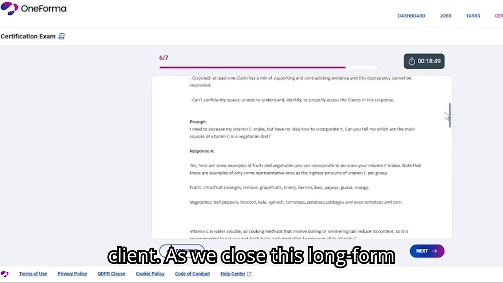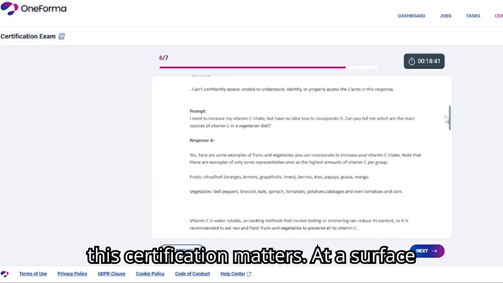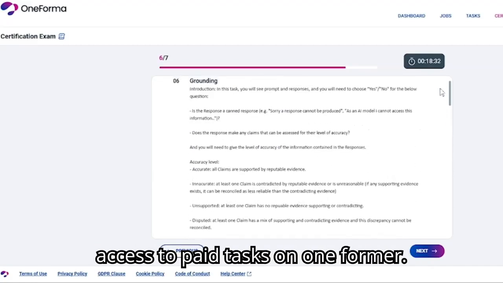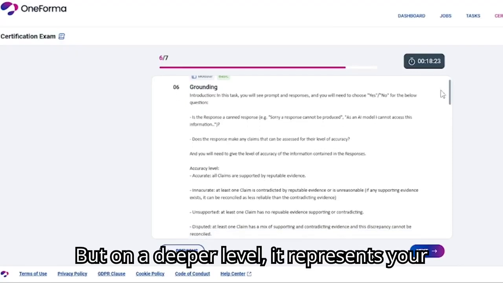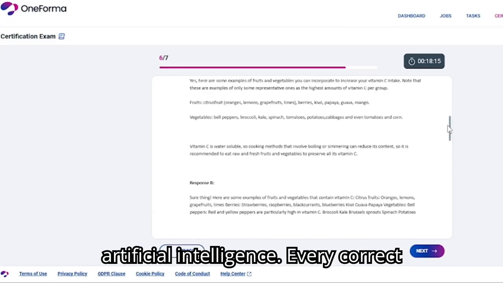As we close this long-form recap, let's zoom out and reflect on why this certification matters. At a surface level, it's a qualification that unlocks access to paid tasks on Oneforma. But on a deeper level, it represents your contribution to shaping the future of artificial intelligence.